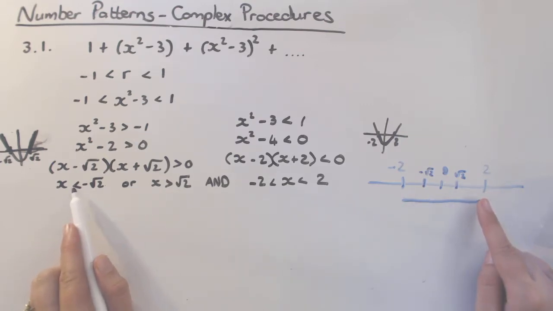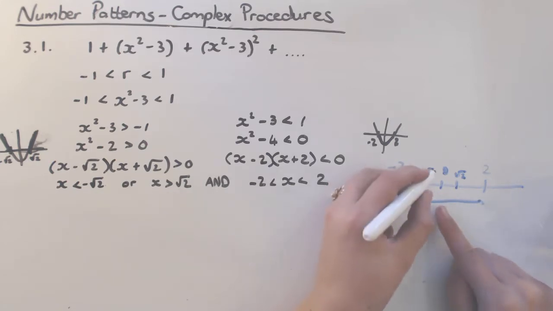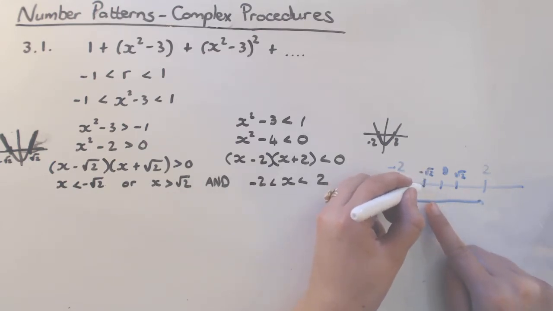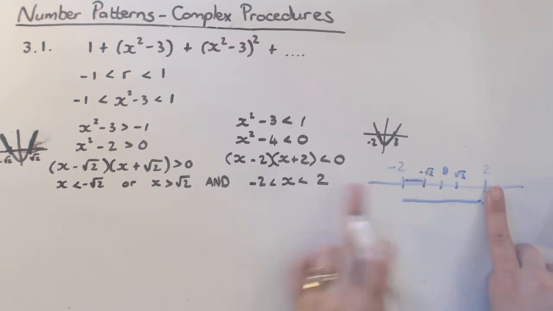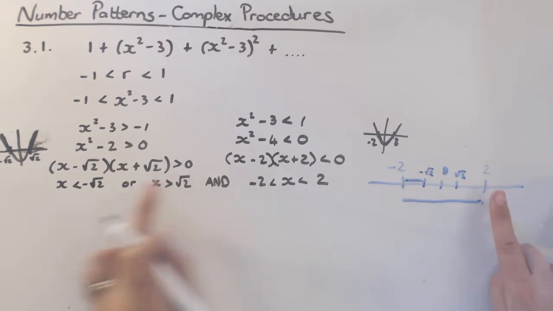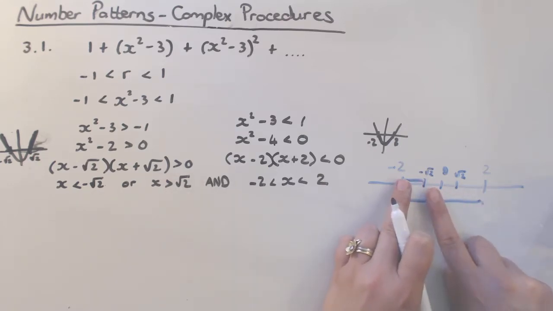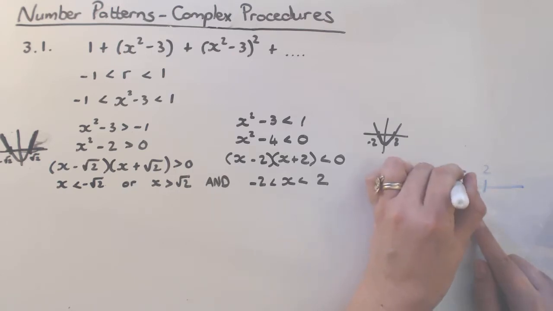So x must be smaller than root 2. That means for this bit, x must fall there, smaller than root 2. So in that area, I know this is my area from this. But from this, x must lie smaller than root 2 or bigger than minus 2.